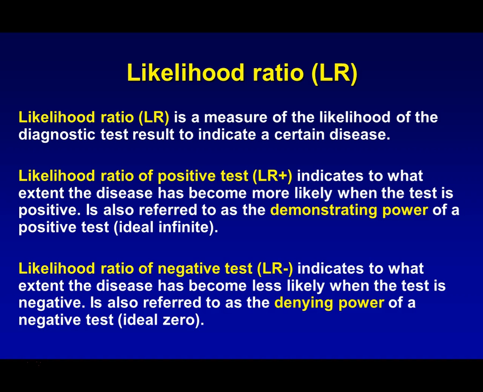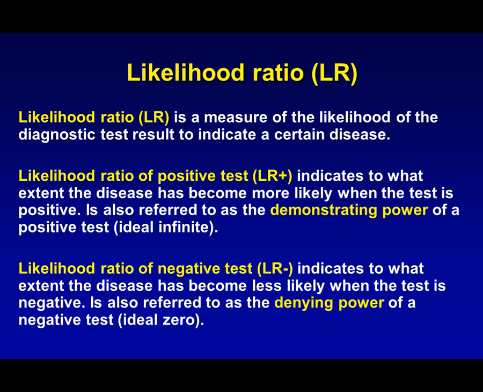Another measure of diagnostic accuracy is the likelihood ratio. It is a measure of the likelihood of the diagnostic test result to indicate a certain disease. The likelihood ratio of a positive test indicates to what extent the disease has become more likely when the test is positive. It is also referred to as the demonstrating power of a positive test.